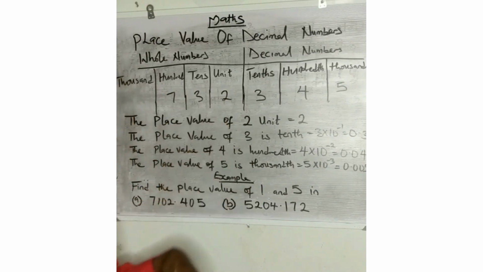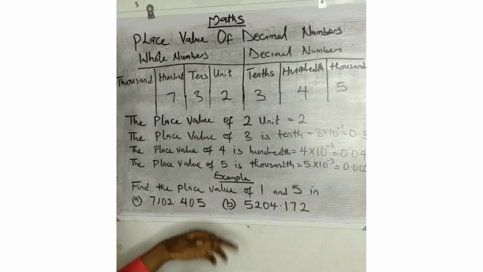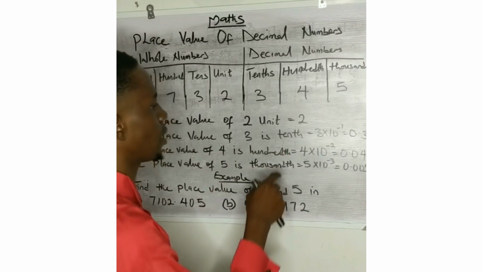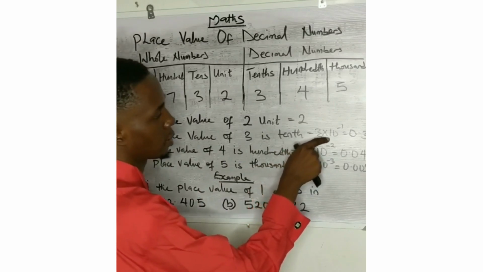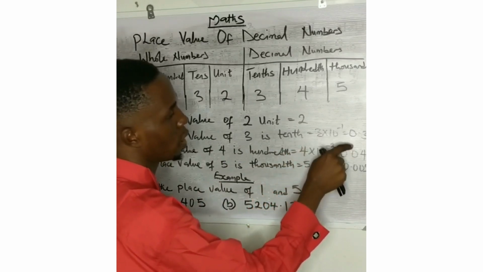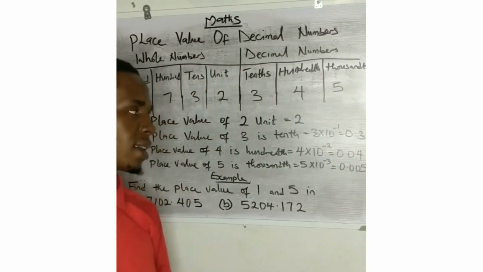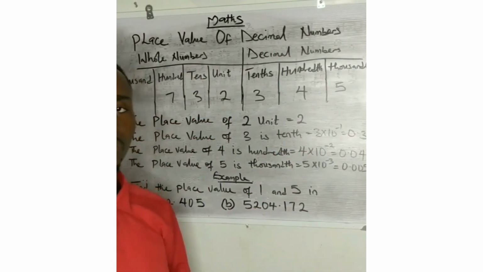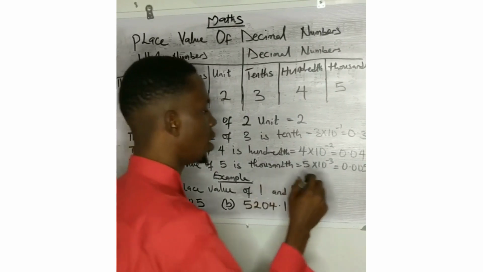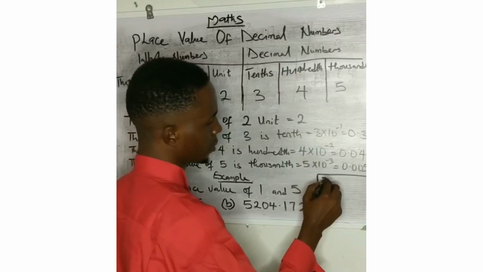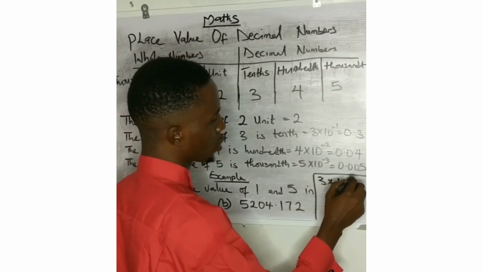Now let's look at the mathematical expression of this. The place value of 3 is tenth. Tenth is written as 3 times 10 to the power minus 1, which is equal to 0.3. Somebody will ask, how did you get 0.3? Let me give you the hint. We have 3 times 10 to the power minus 1.